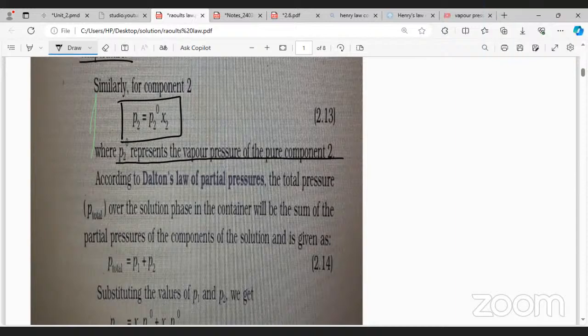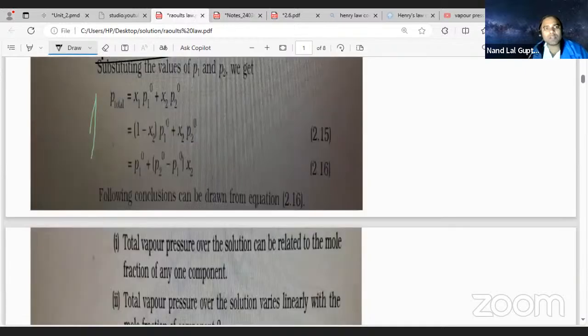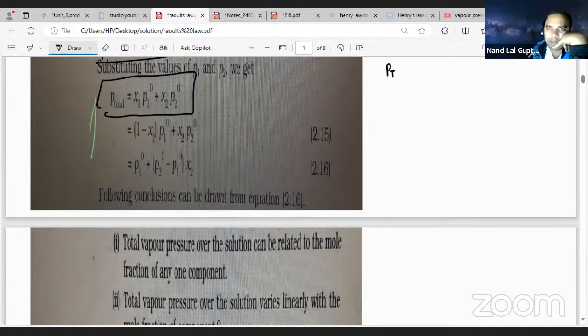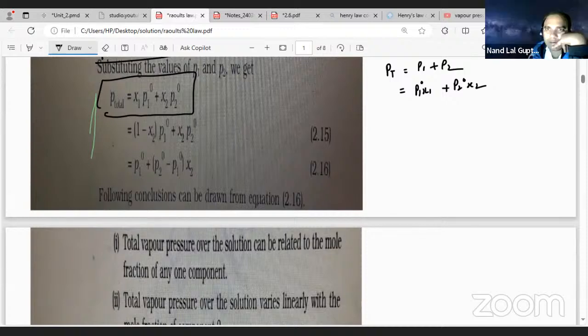Yes, sir. P total is equal to P1 plus P2. Now you put the values: P1 not x1 and P2 not x2. Is it okay? Once more, try to understand. PT is equal to P1 plus P2, so PT is equal to P1 not x1 plus P2 not x2.